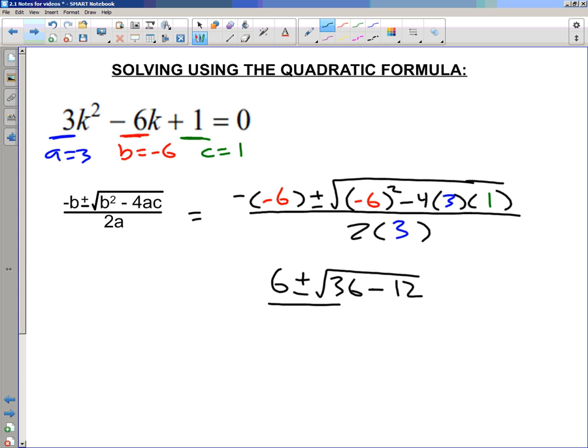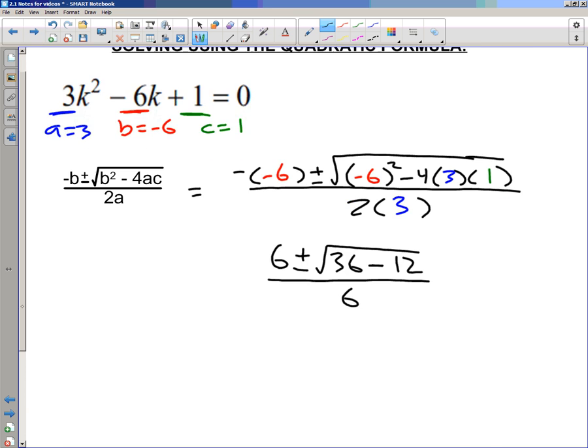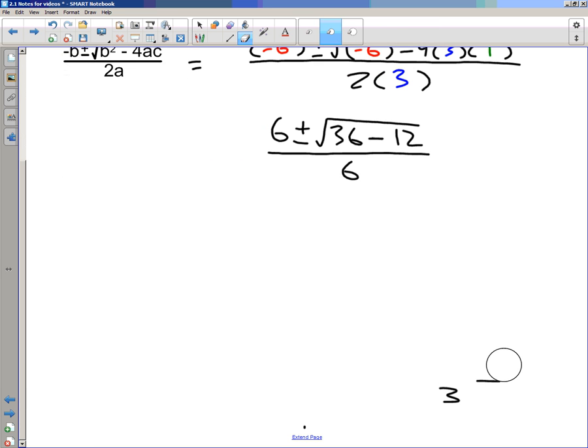And again, I encourage you to think about the sign before you start thinking about the numbers. That'll help keep you from making some very common mistakes. On the bottom there, we got a 2 and a positive 3, so that's going to be a positive 6 on the bottom. Let's take this a step further. 36 minus 12 is 24.